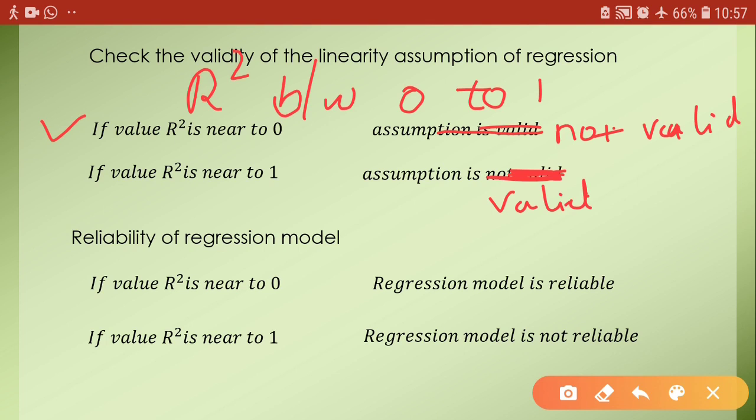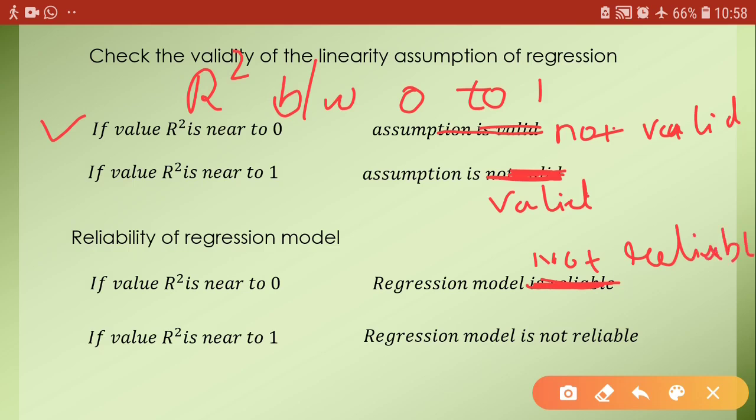Then there is another way to ask this question: reliability of regression model. They ask you like this, check the reliability. If the value of r square is near to 0, then your regression model is not reliable.